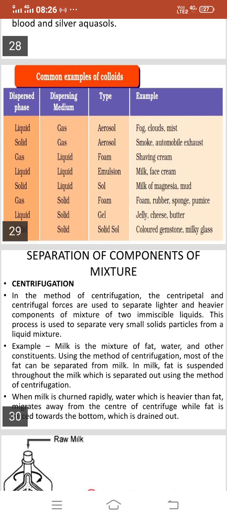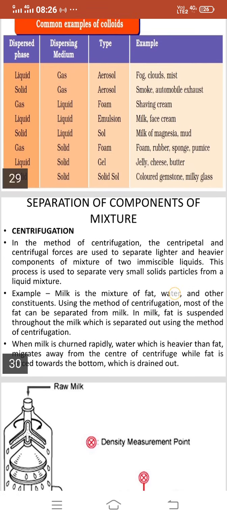Example: milk is a mixture of fat, water, and other constituents. Using the method of centrifugation, most of the fat can be separated from milk. In milk, fat is suspended throughout, which is separated out using centrifugation.